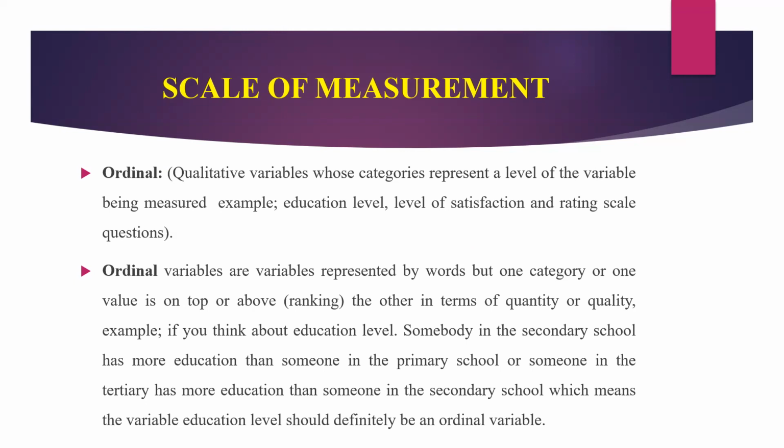Example, if you think about education level, somebody in the secondary school has more education than someone in the primary school, or someone in the tertiary has more education than someone in the secondary school, which means the variable education level should definitely be an ordinal variable.